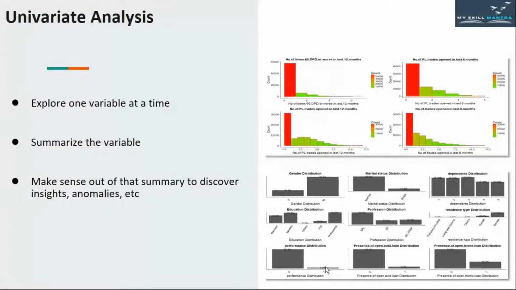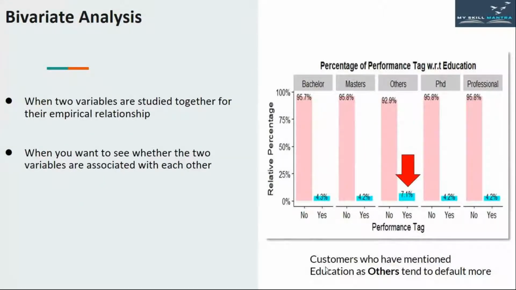Now let us look at bivariate analysis. In bivariate analysis, you essentially explore the empirical relationship between two variables. In this case, you can see that we have compared the education variable with the performance tag variable, which technically signifies whether a person has defaulted or not.